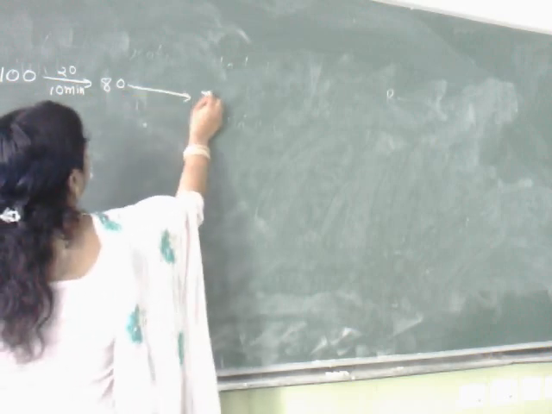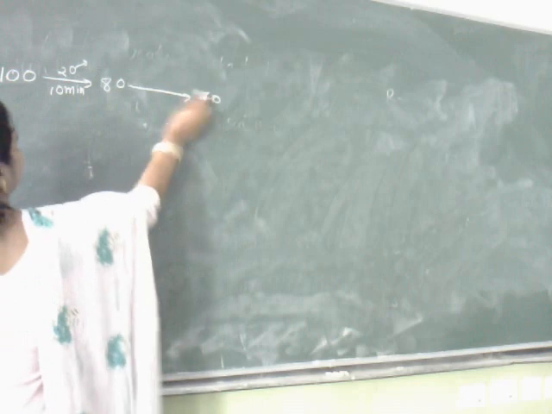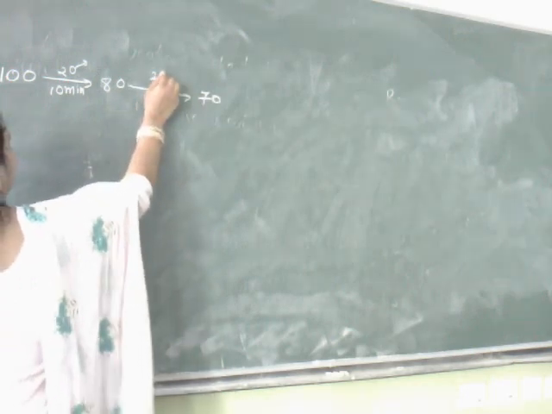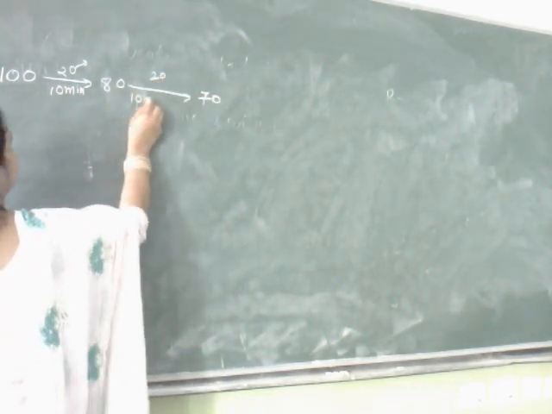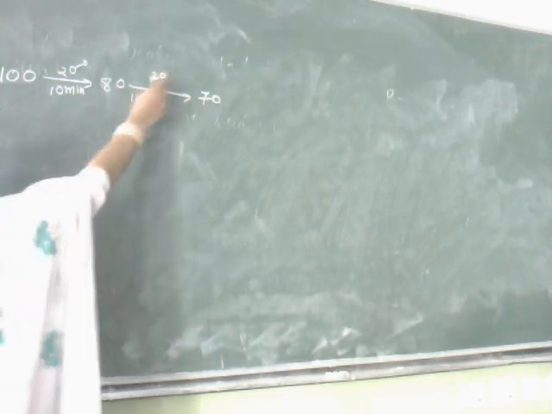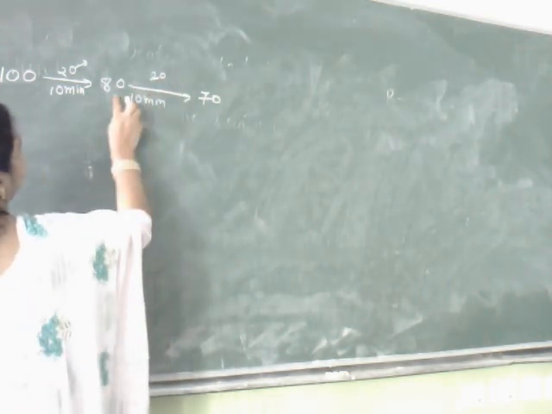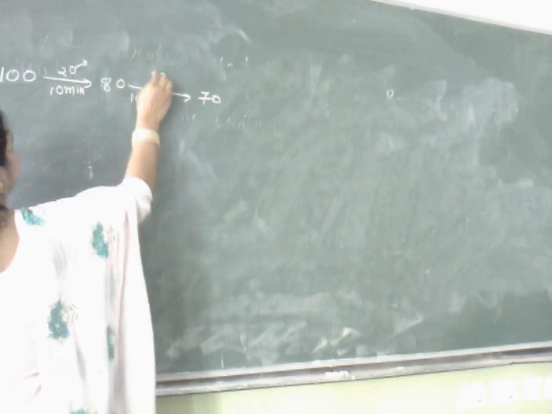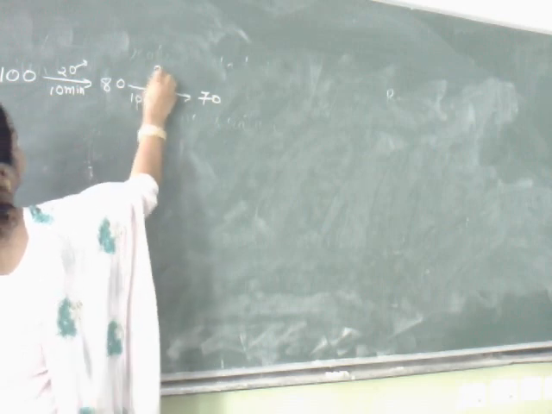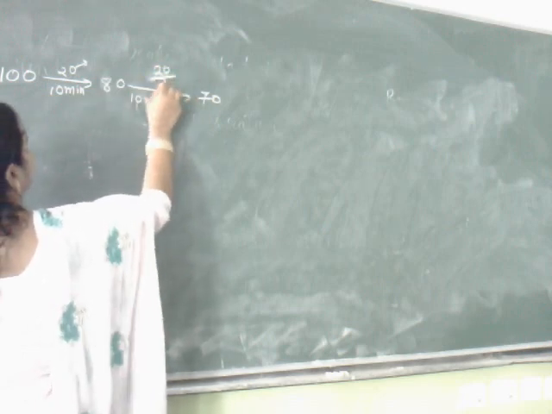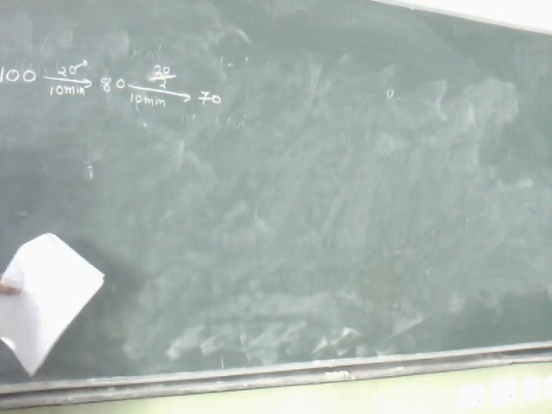Time is 10 minutes. Suppose 80 to 70 is there. Here 20 should drop in 10 minutes, but here how much drops? 80 to 70, 10 only drops. That means half of 20. So 20 by 2, only half has dropped here.